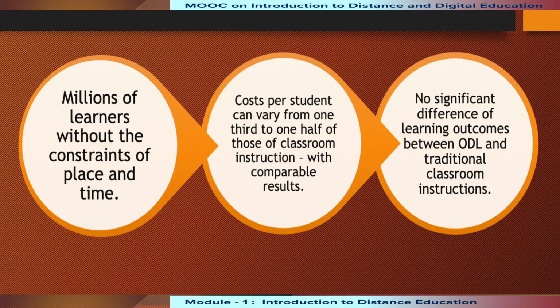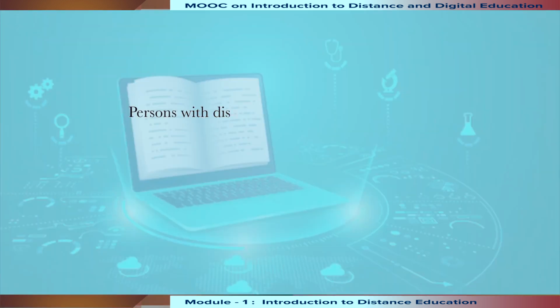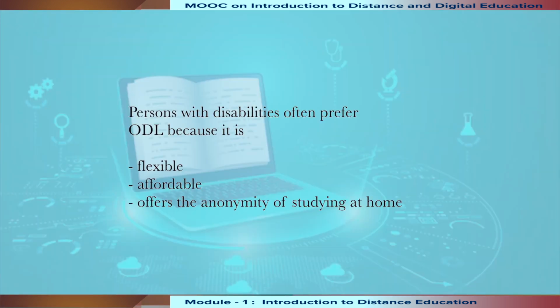In open institutions, cost per student can vary from one-third to one-half of that of classroom instruction, with comparable results. In fact, there is no significant difference in learning outcomes between ODL and traditional classroom instruction. Persons with disabilities often prefer ODL because it is flexible, affordable, and offers the anonymity of studying at home.